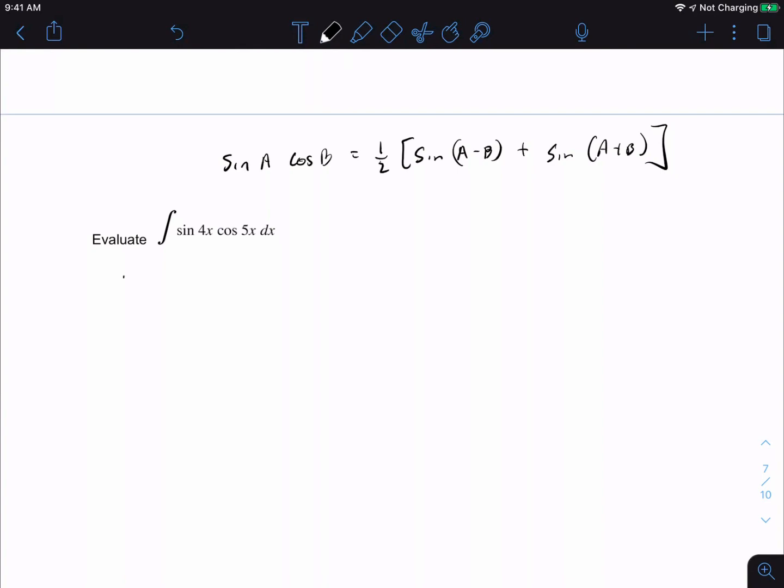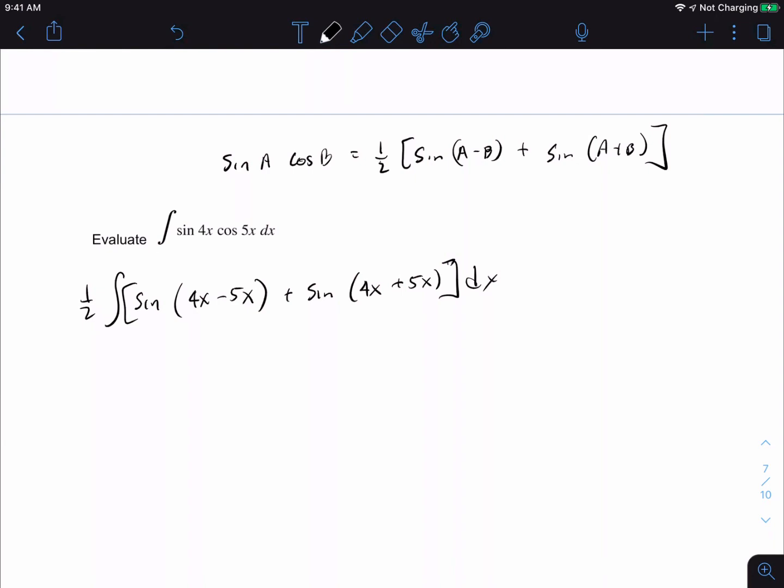So what's going to happen is I'm going to get the integral of sine of, let's not forget the 1/2 out in front, A, which is 4x, minus B, which is 5x, plus sine of 4x plus 5x. Right? This whole thing times dx. Are we in agreement?